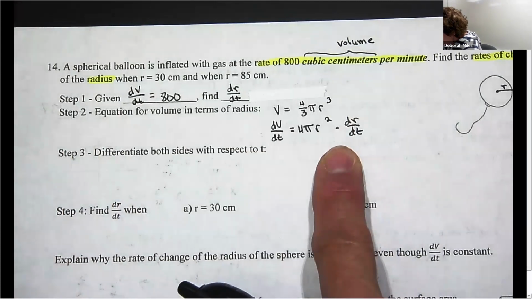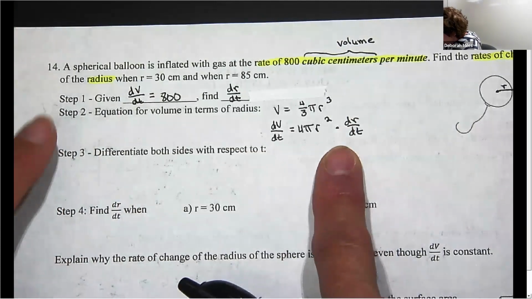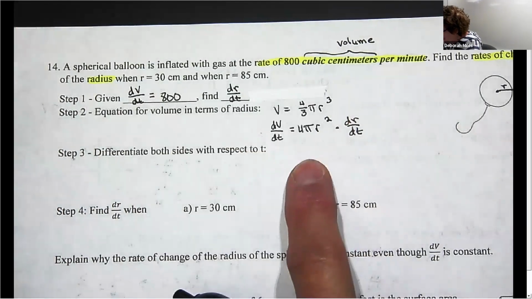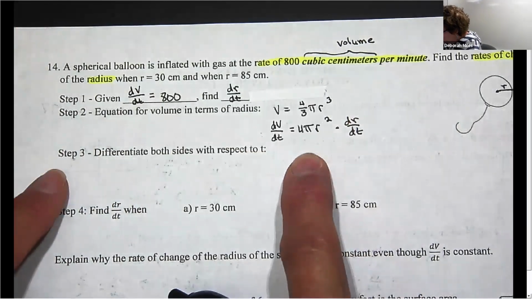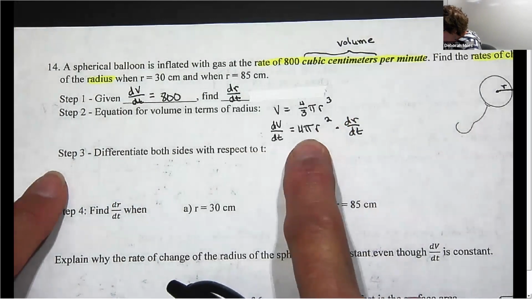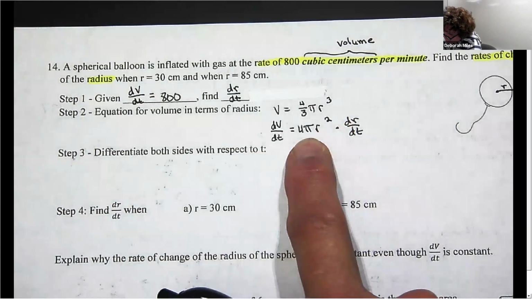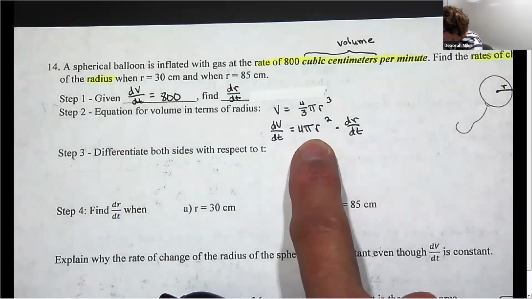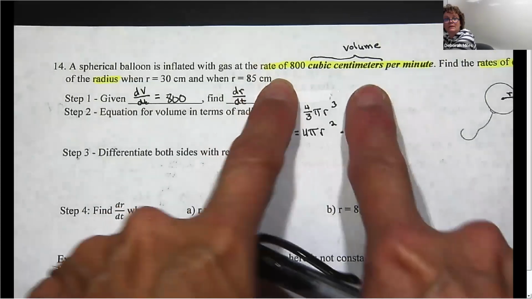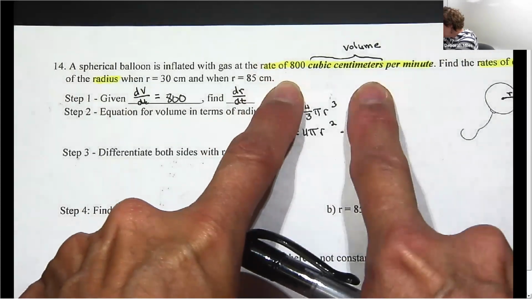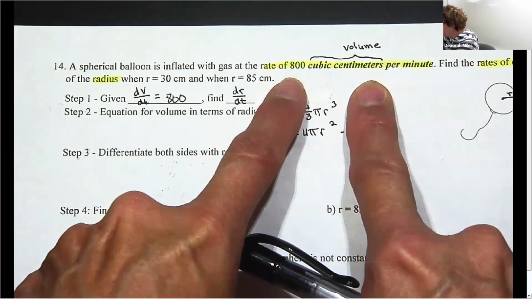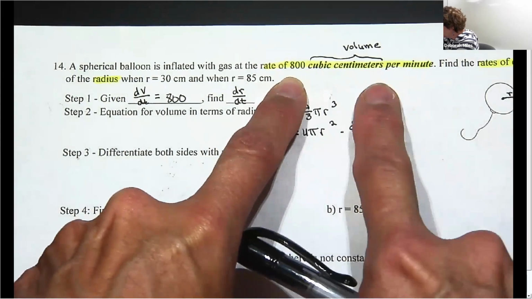And what did we say was constant here? What's not changing in this problem? Well, of radius and volume and change in volume and change in radius, which one of those things is constant? The rate at which the air is being pumped into the balloon is constant.